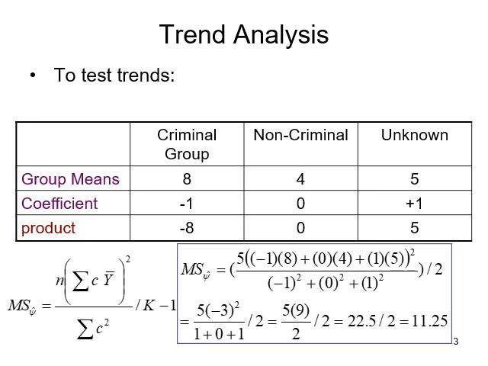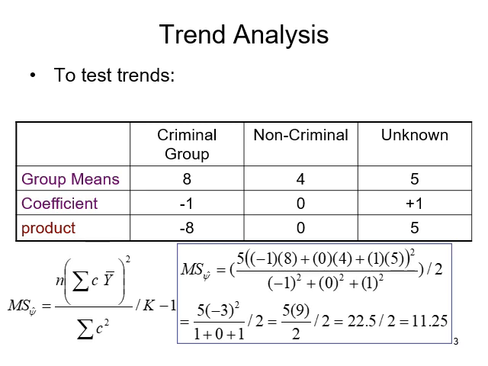So that's going to give me a negative 8, a 0, and a 5. I'm going to add those up, I'm going to square them, and I'm going to multiply them by 5. So that's what's happening on the top of the equation, and you can follow along with that as the equation goes forward. So again, negative 8 plus 0 plus 5 becomes negative 3. Negative 3 squared is 9. 9 times 5 is 45.